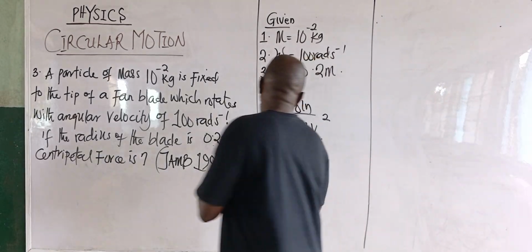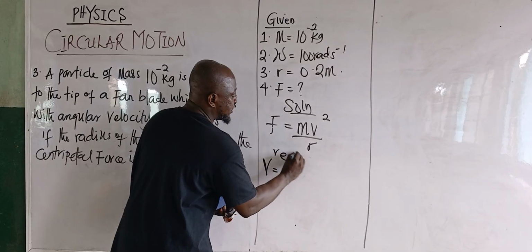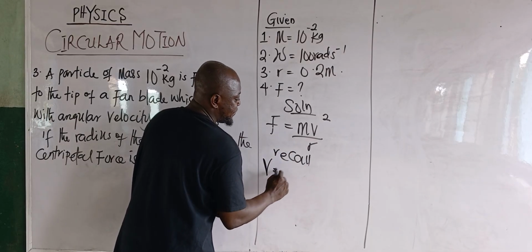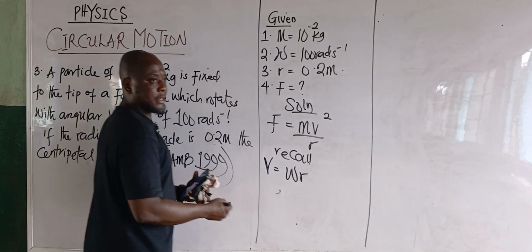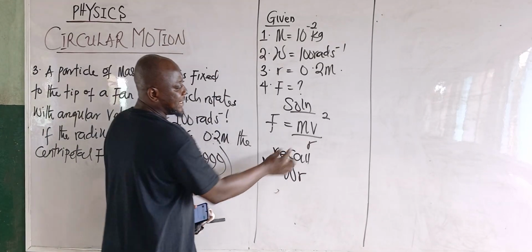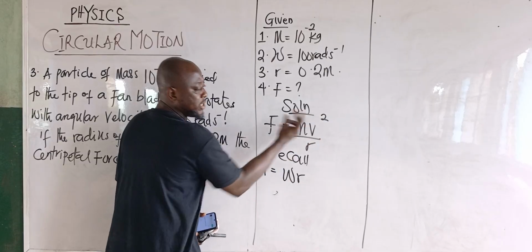But are you also aware that we recall that V becomes omega R? So do you agree that this V is what we have here? So what if I remove this V and put this one here?